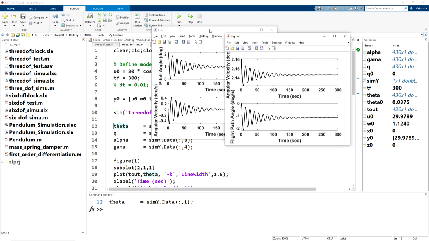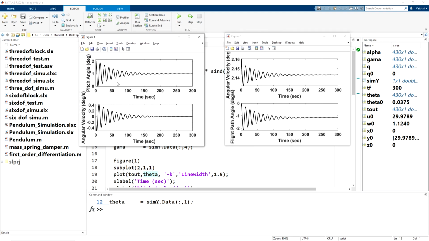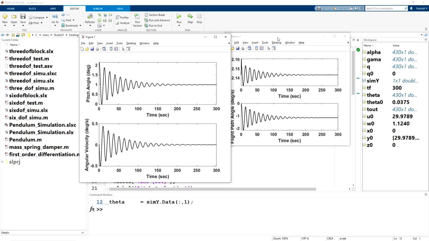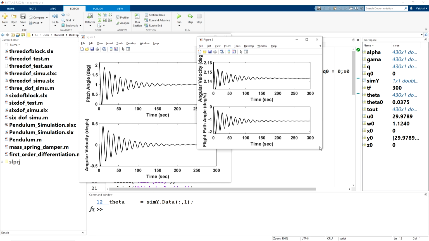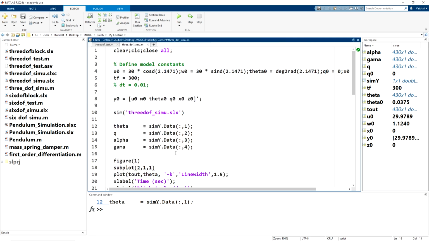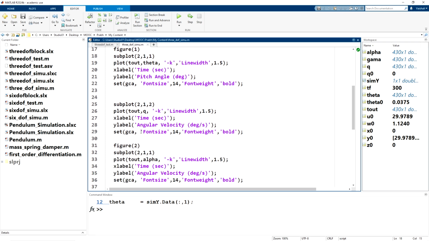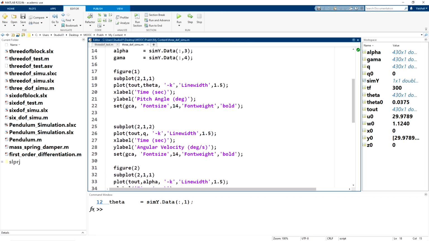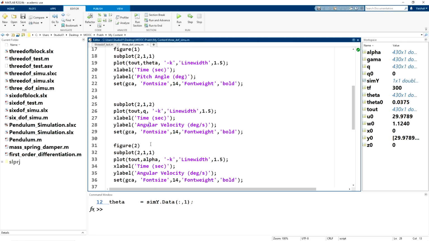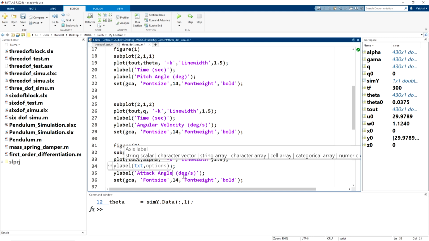So we have pitch angle, angular velocity, and similarly attack angle. All right. We have theta, pitch angle, this is q, angular velocity, this is alpha, the attack angle in degrees.